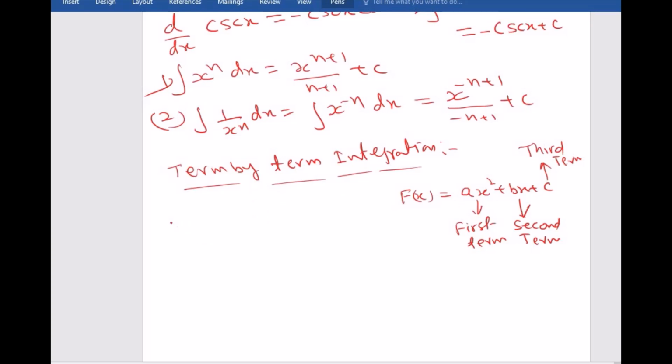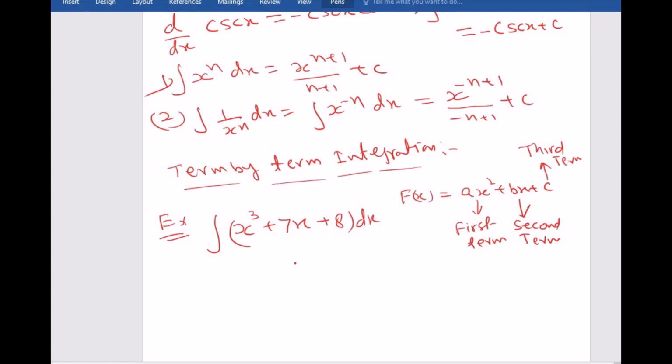What does that mean? I am giving you one example: find the integration of x power 3 plus 7x plus 8 dx. Term by term integration means you need to integrate this first term, then this term, then this term.